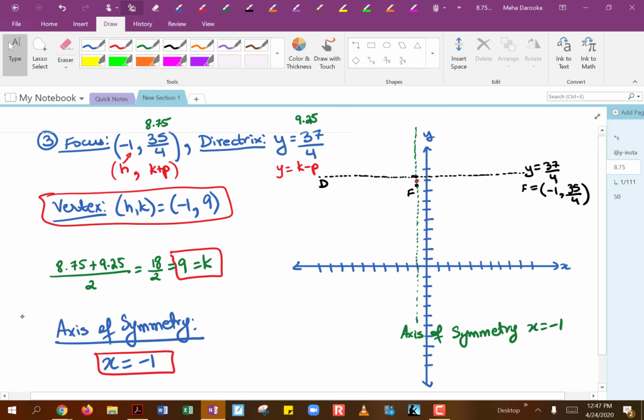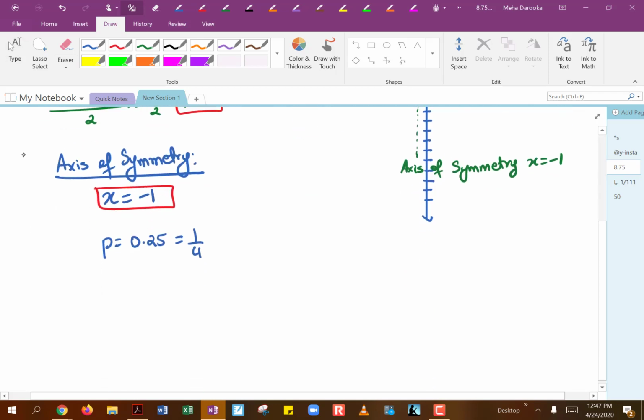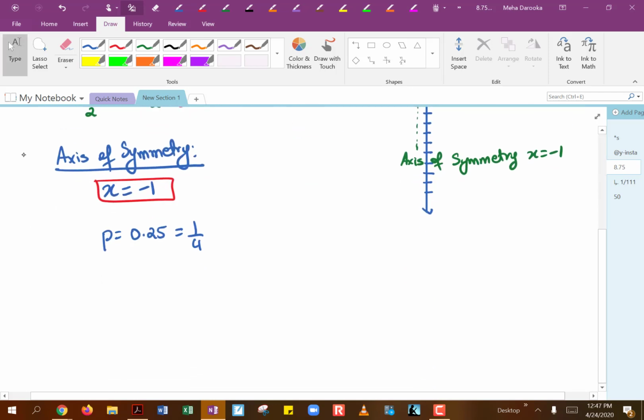If you again look at the distance between 9, which is my k value, and the directrix, which was at 9.25, again the difference between 9 and 9.25 is 0.25, which again is going to be 1/4 as a fraction. So you can calculate the value of p just by looking at the distance between the focus and the vertex, or the directrix and the vertex.